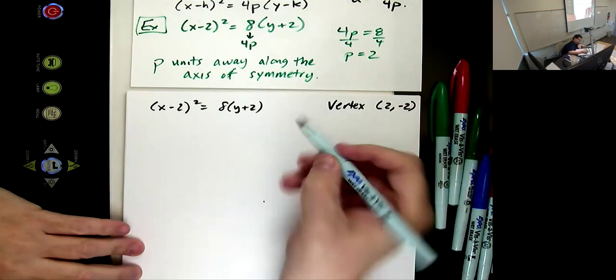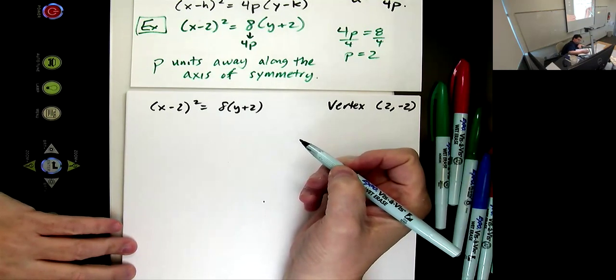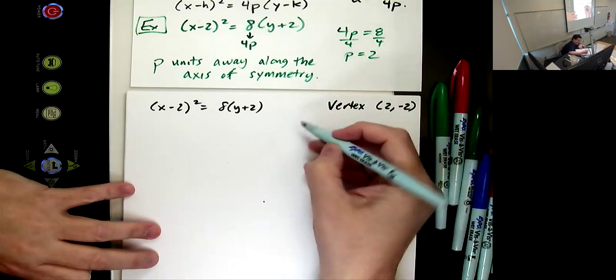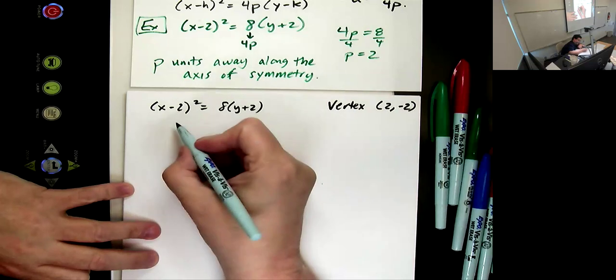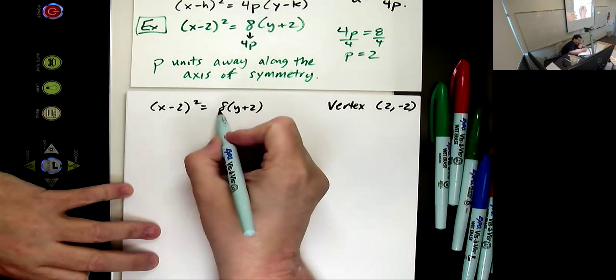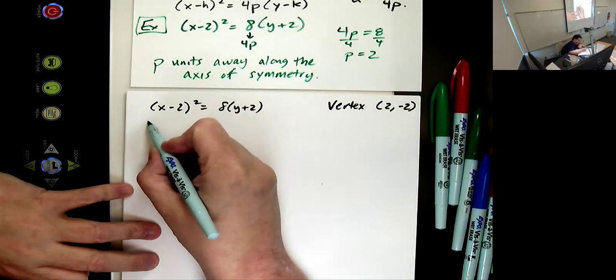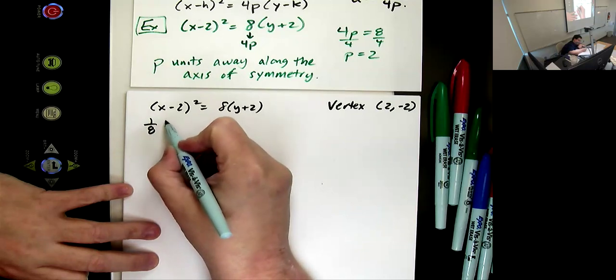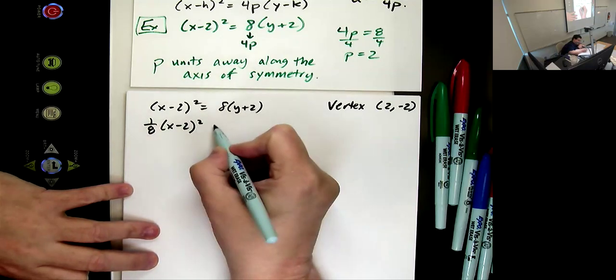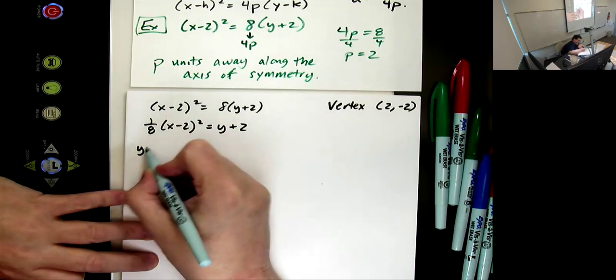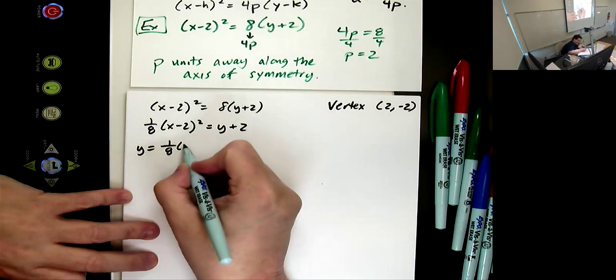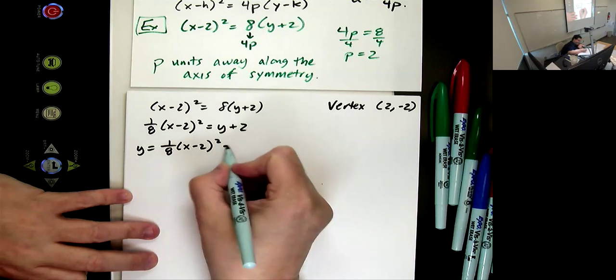Alright. So let's draw our parabola. This might be easier looking at if I divide by 8. So this would be the form you would normally see it in.